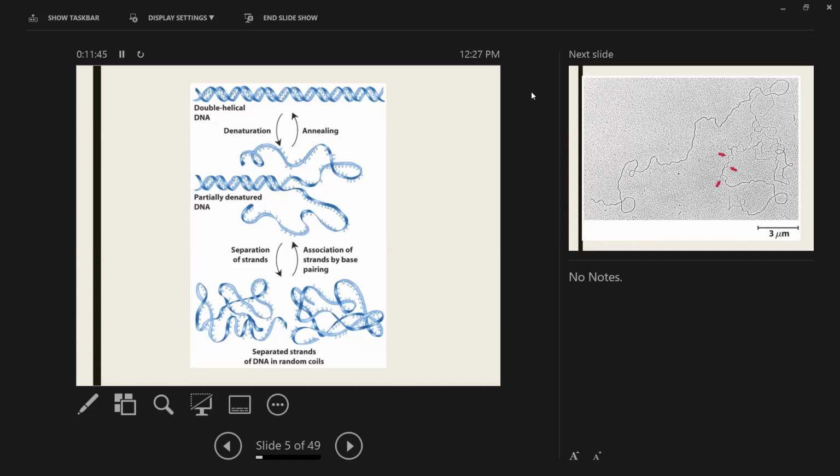When you heat DNA, you increase the thermal motion. There comes a point where the thermal motion becomes too great for the molecule to stay together. So it will unravel. It unravels usually at the ends first. You get bubbles in the center, and then pretty soon the whole molecule is unraveled.